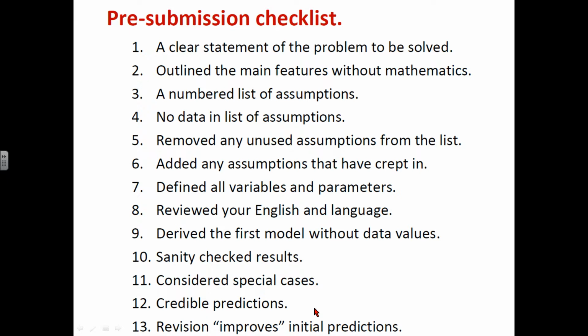Made credible predictions. When you come to the revision, you should be only revising your model so that it improves the initial predictions, and you shouldn't be going for things that actually make your predictions worse.